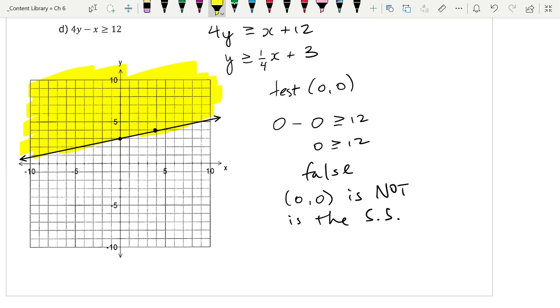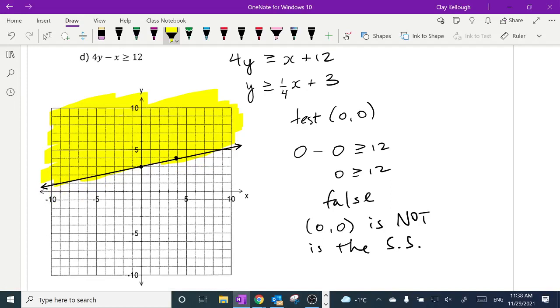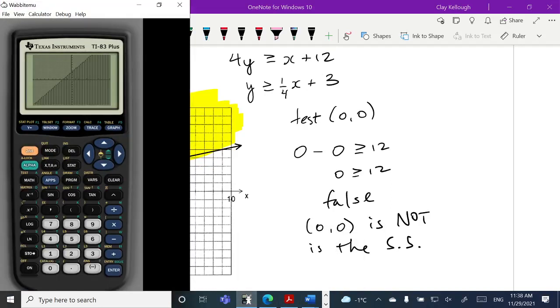All right, now let's run through how to do this on the technology one more time. If I was using my TI, I have to change it to this form. So go to my calculator. Let's erase the original equation, just clear, and then it's gone. So I have to type in 1/4 of x plus 3.